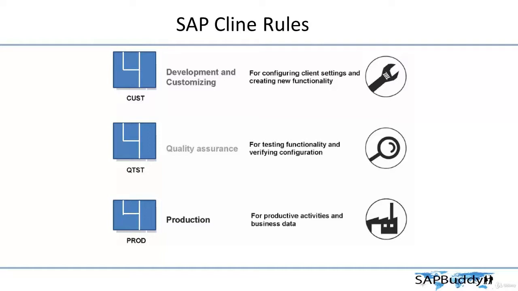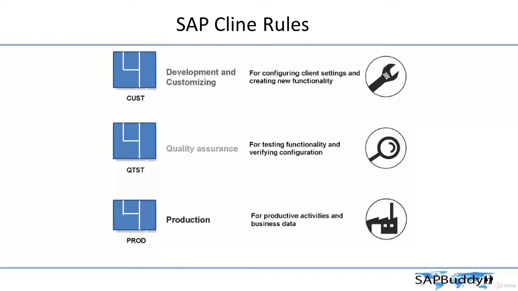This client customizing can be recorded and created as a transport request, as we have seen before, and then using the transport management system, TMS, this can be transported easily. Okay, that is the development and customizing client. Again, this is based on your client setting.